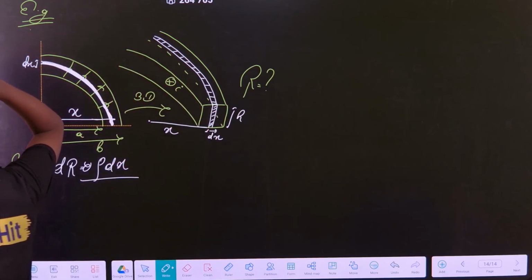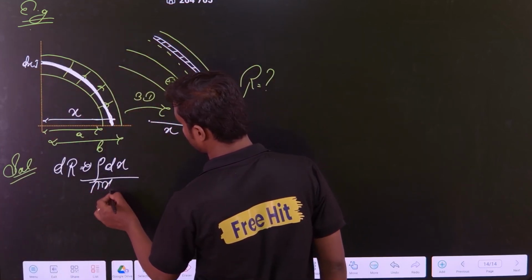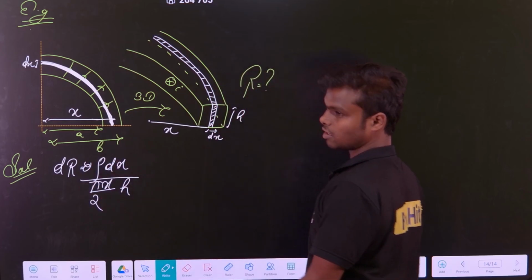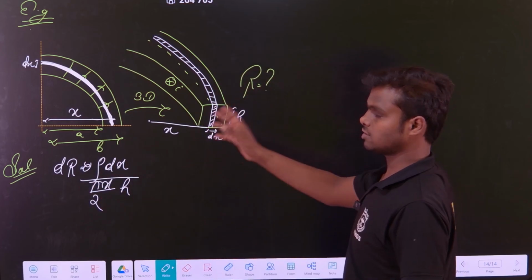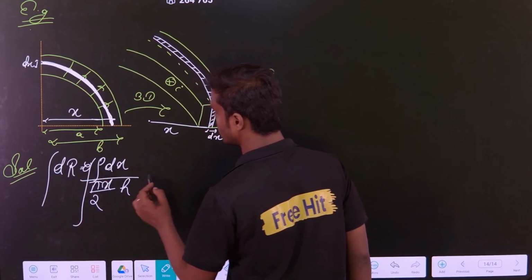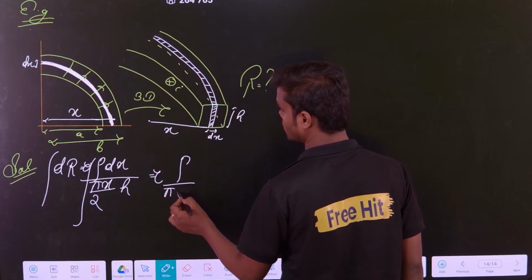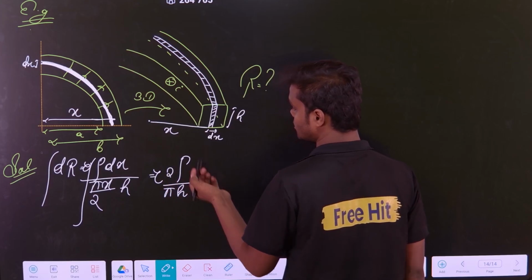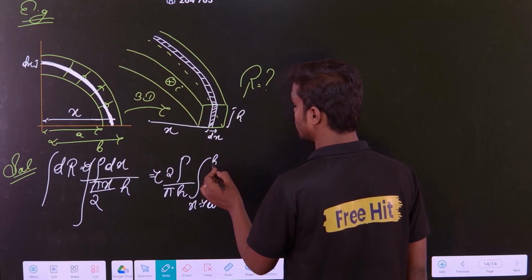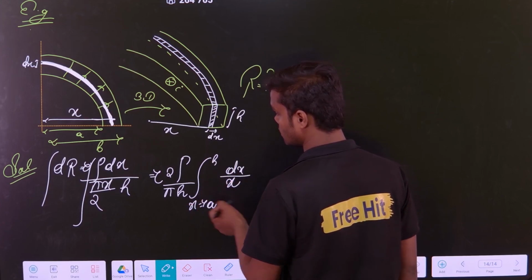Length we know, it is the arc, pi x. And the height is h. Is it a series or parallel combination? Obviously the current is going like this, so it is a series combination. We are getting dx above, so directly integrate. So rho by pi h. Series combination means where the current is the same. x from a to b of dx by x.